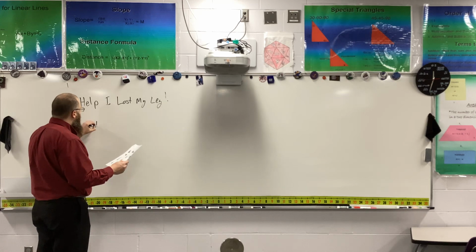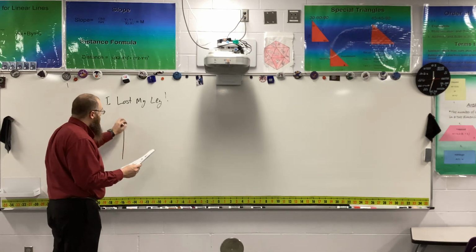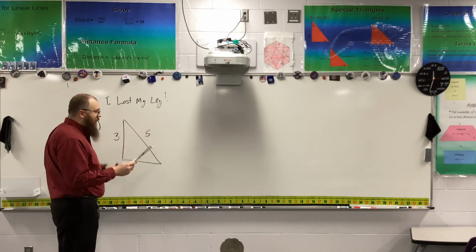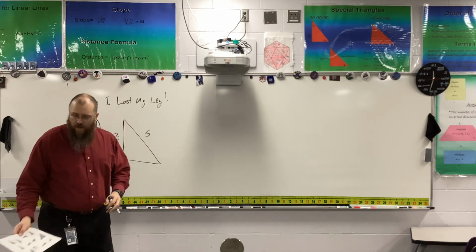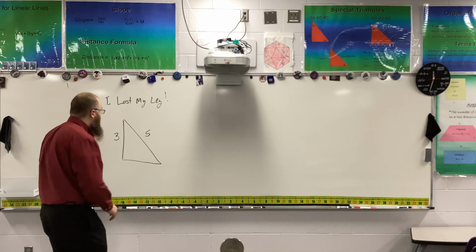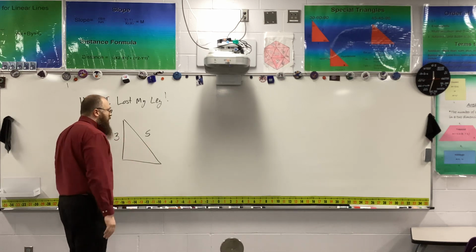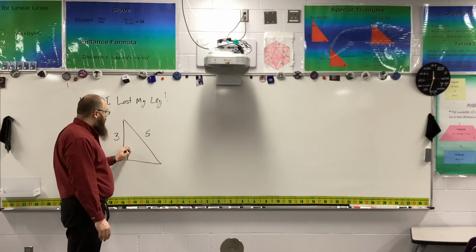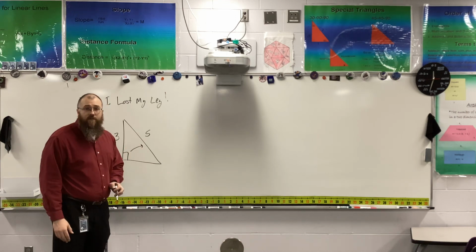The very first problem they give us is a right triangle with a leg of 3 and a hypotenuse of 5. In this particular problem, we know that this is our hypotenuse because it's the longest side, also it's across from our right angle.